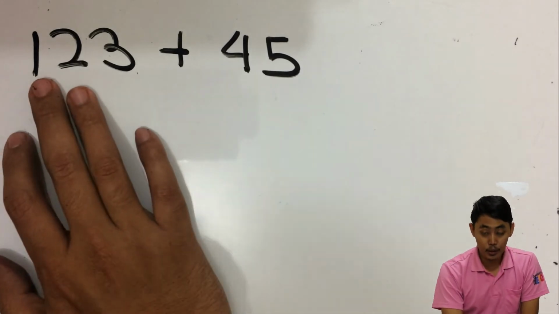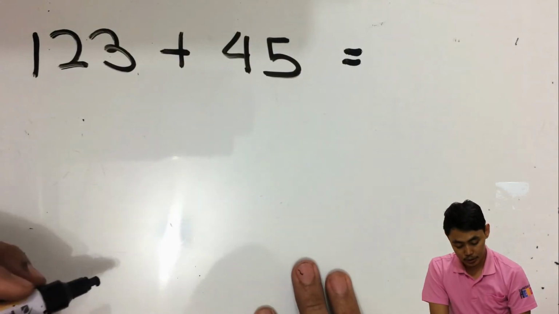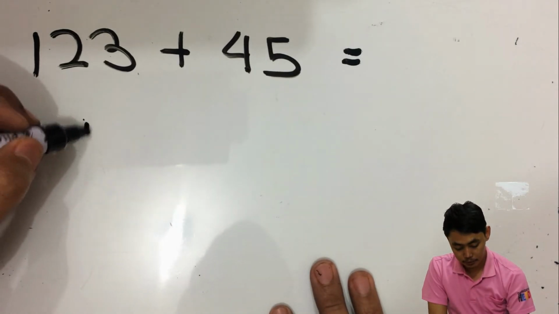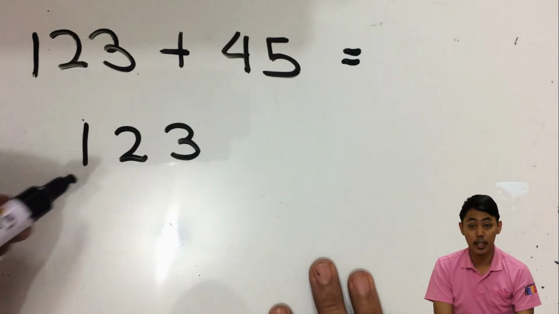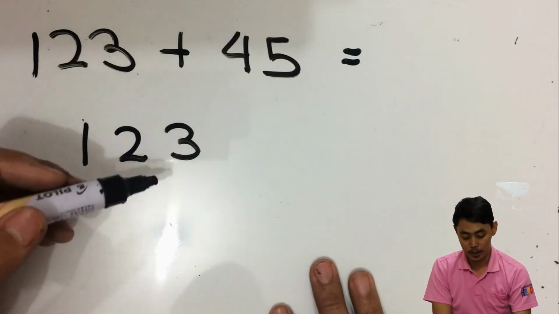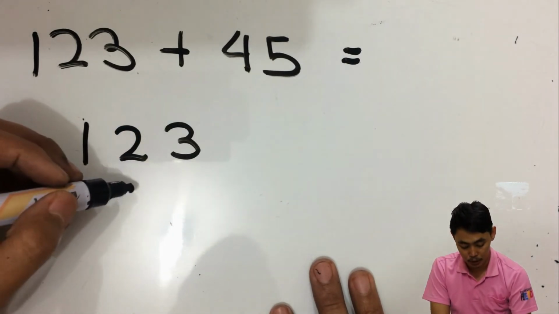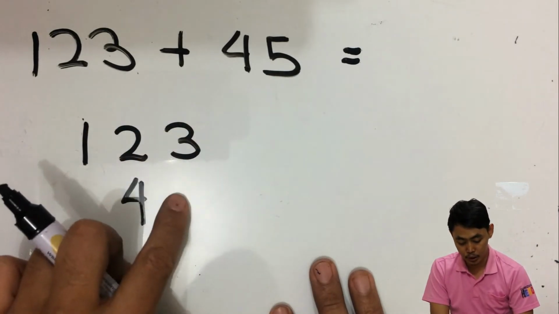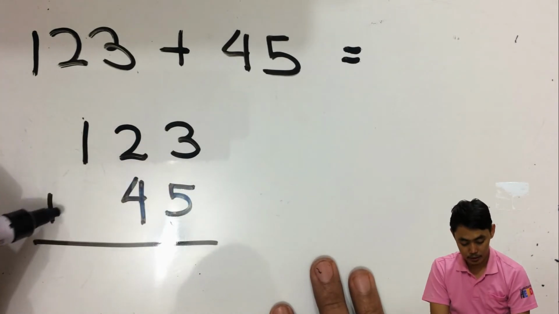So let us add 123 plus 45, and let's find out what is the answer. So the first thing that you will need to do, you'll need to align the place value. So 1 is on the hundreds place, 2 is on the tens place, and 3 is on the ones place. 45, 4 is on the tens place, so it needs to go below the number 2. 5 is in the ones place, so it needs to go below the number 3. And then you go on.